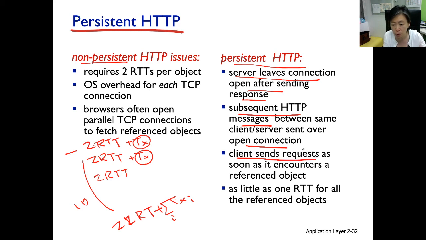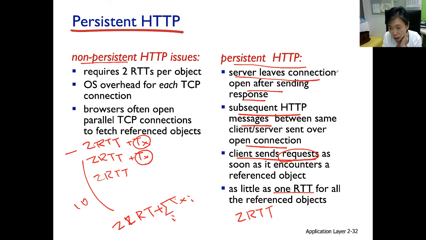Persistent HTTP without further clarification is persistent HTTP with pipelining. So the client here will send all the 10 requests as soon as possible. Okay. So in the end, it's just 1 round trip time plus the transmission time of all these objects.